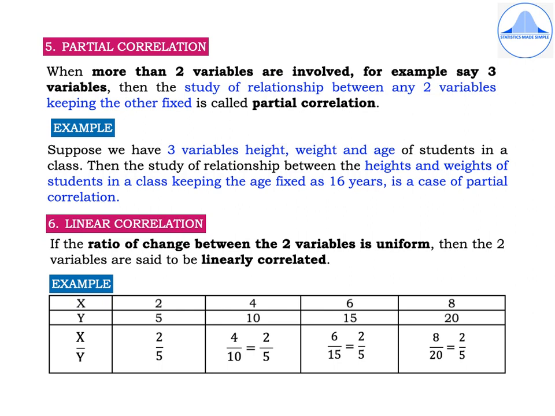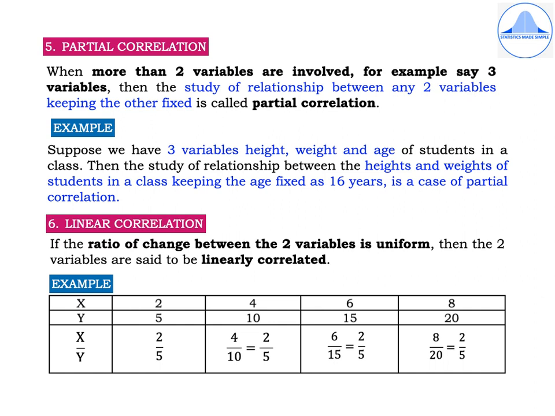Fifth is partial correlation. When more than two variables are involved, for example, say three variables, then the study of relationship between any two variables, keeping the other fixed, is called partial correlation. For example, suppose we have three variables: height, weight, and age of students in a class.